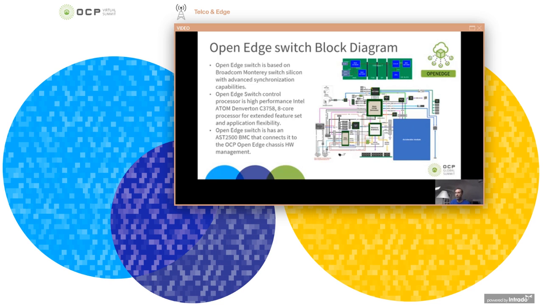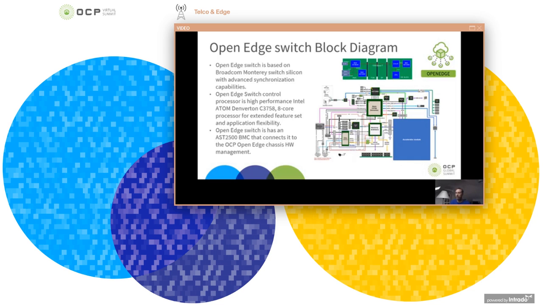The Open Edge switch is based on a Broadcom Monterey switch silicon ASIC with advanced synchronization capabilities, and the Open Edge switch control processor is a high-performance Intel Atom Denverton CPU with 8 cores for an extended feature set and application capability.